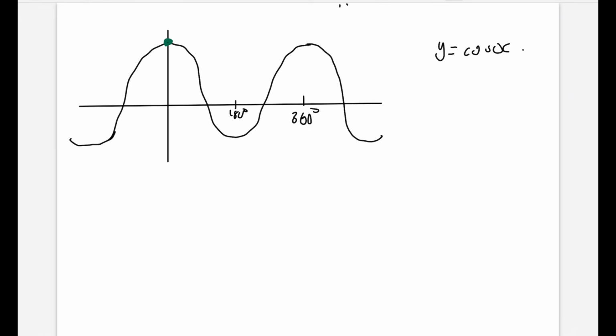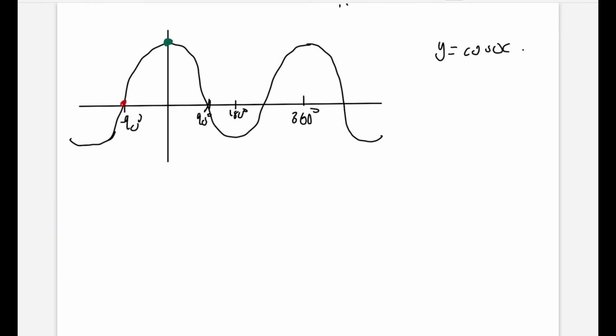What would happen if you shifted this graph 90 degrees to the right? Now remember that here we have 90 degrees. If we shifted this graph 90 degrees to the right, what would happen is that now this is actually at negative 90. This is at 90.